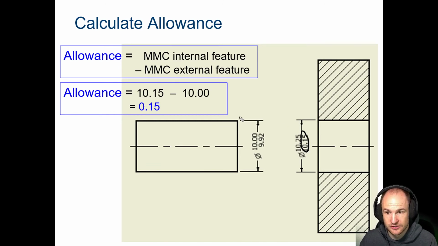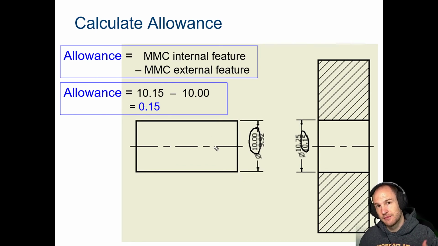The maximum material condition on our external feature is the larger number, because that means the diameter here is larger, and since this is a solid object, having a larger diameter would mean that there is more material.